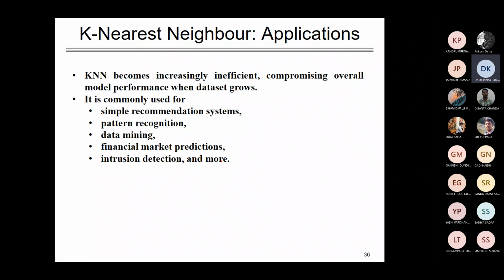So when the data set grows, KNN becomes increasingly inefficient, and the performance gets degraded. So when we have a complex data set with a large number of samples, we will get the underfitting problem, because k nearest neighbor is a very simple classification technique, but it does not work when the data set size grows.